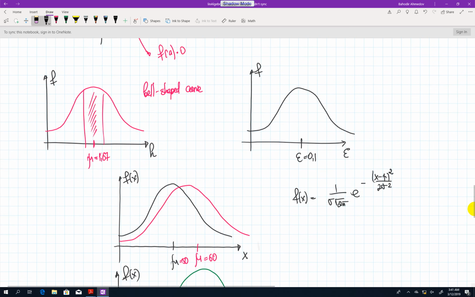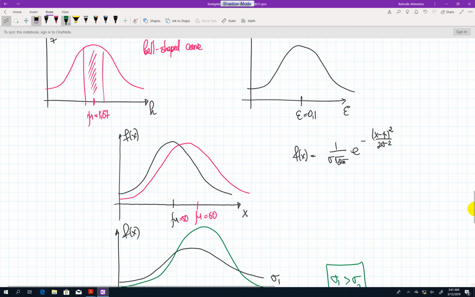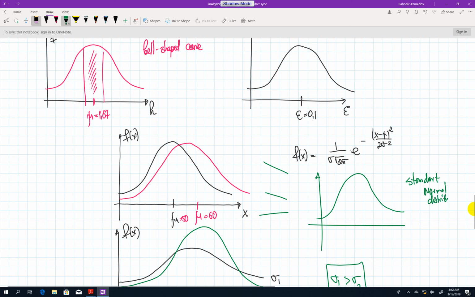So if you're given, no matter what kind of normal distribution, do you see? All of them are bell-shaped curves, right? But depending on the mu and sigma, their graphs might be different. So the idea would be to transfer all of them to one curve, which is called the standard normal distribution, which has a fixed mean equal to 0 and a fixed standard deviation of 1, okay?